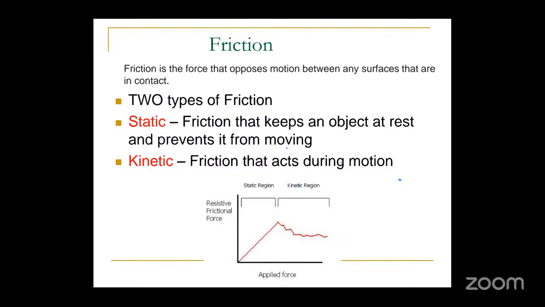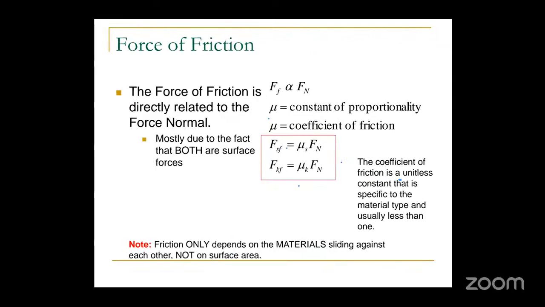Frictional force is a force that opposes the motion of objects. We have two types of friction, static and kinetic friction. Static friction is a friction that keeps an object at rest and prevents it from moving, while kinetic friction is a friction that acts during the motion of an object.